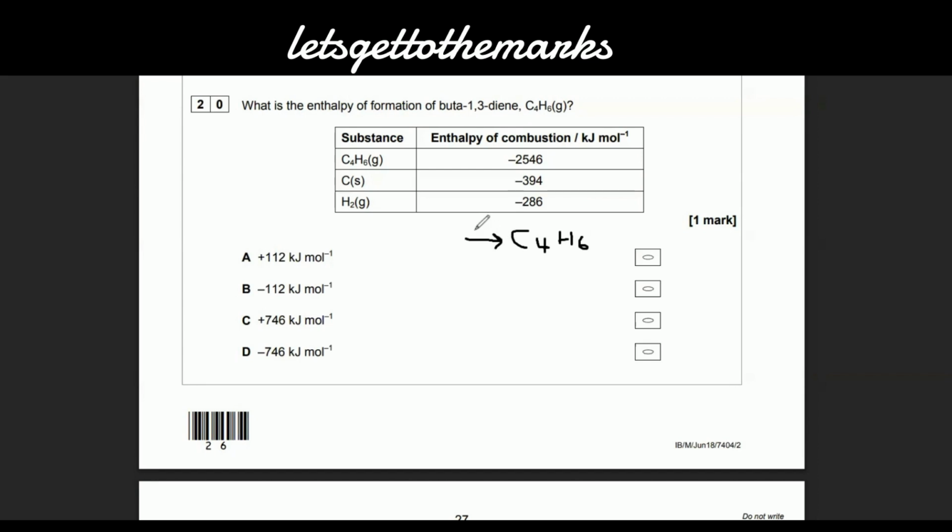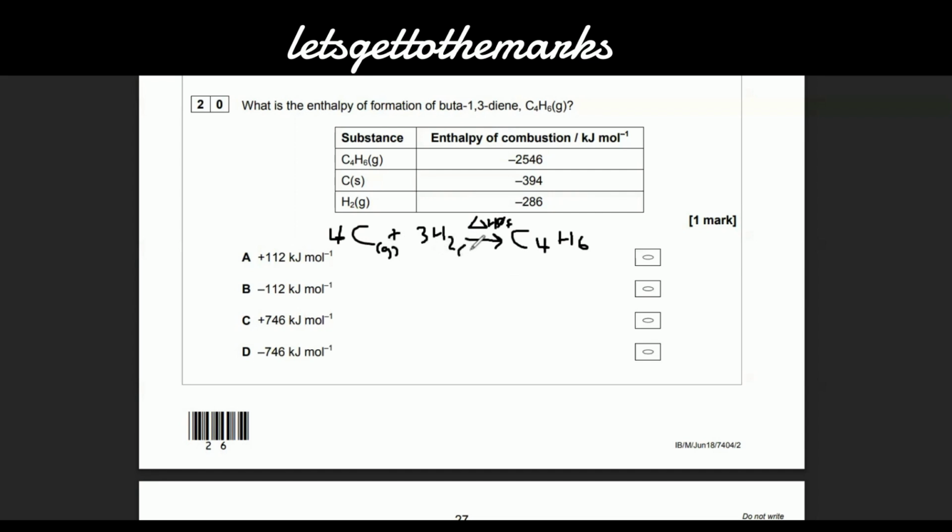That means they want us to work out delta H standard formation. My writing is terrible. So we're going to need 4 carbons to make C4, and we're going to need H2, which comes as H2, and there's 6 of them. So I'm going to need 3 H2s. So that's our equation.